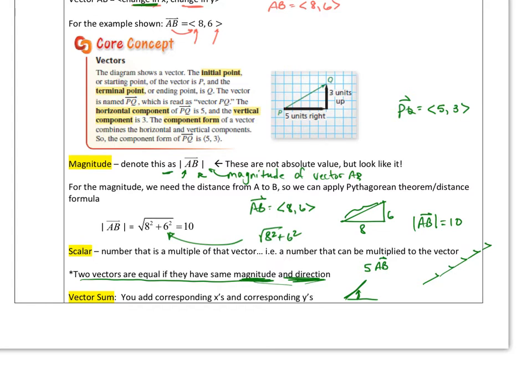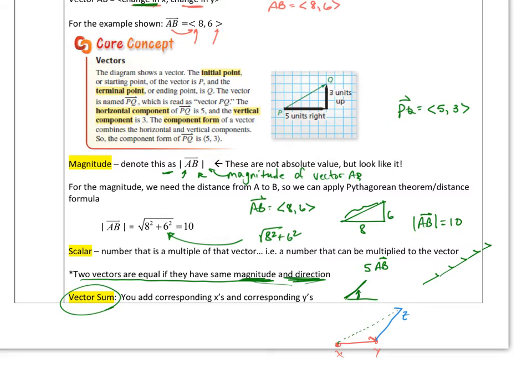Now, how do you add two vectors? That would be a vector sum. Let me give you an example. If I had this vector right here, we'll call this vector XY, and I had another vector from Y to Z, the addition of these two would be this new vector that's created.